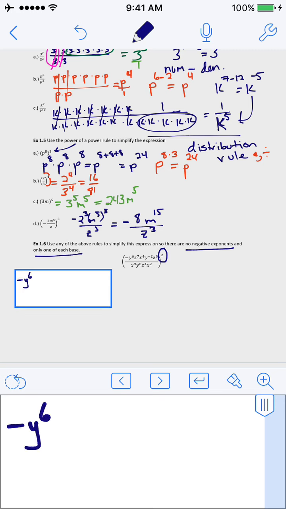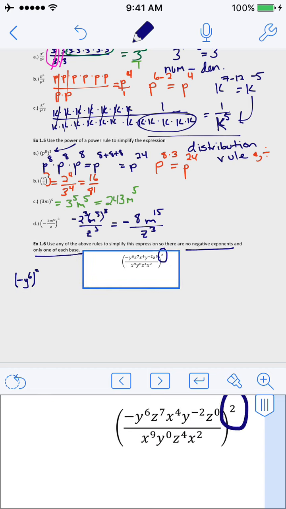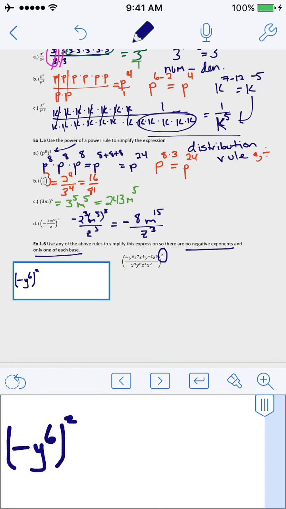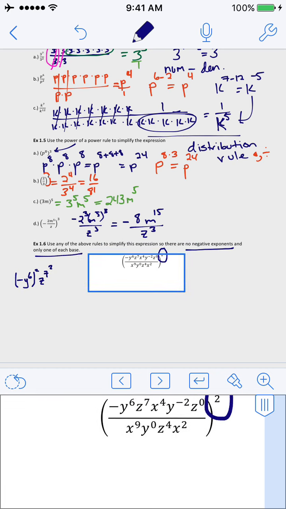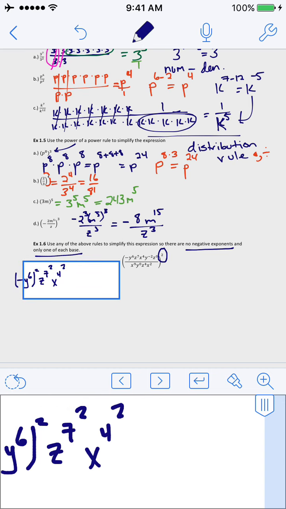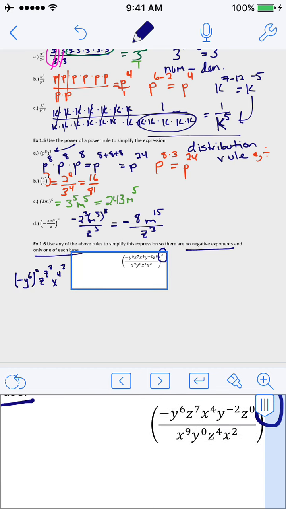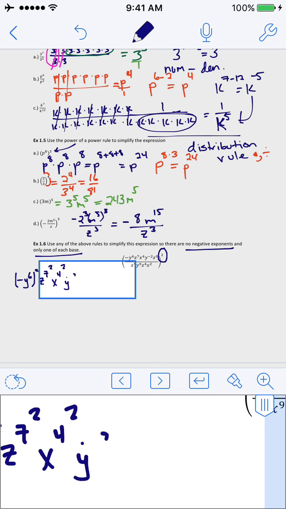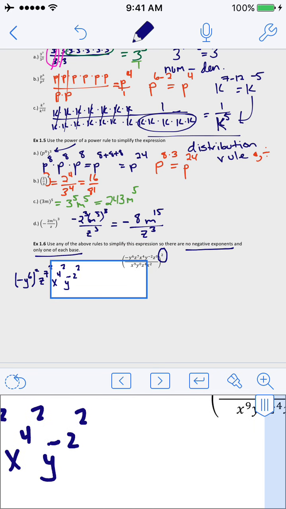Negative y to the 6 to the 2. Z to the 7 to the 2. X to the 4th to the 2. Y to the negative 2 to the 2. Notice I'm not actually computing anything. I'm literally just writing a whole bunch of 2's on the page. Z to the 0 to the 2.